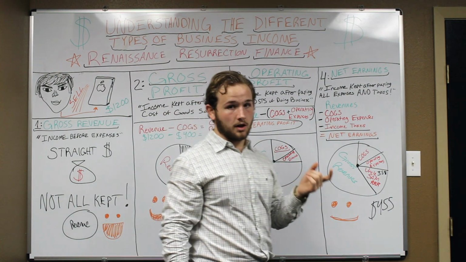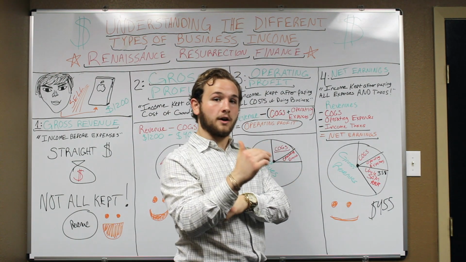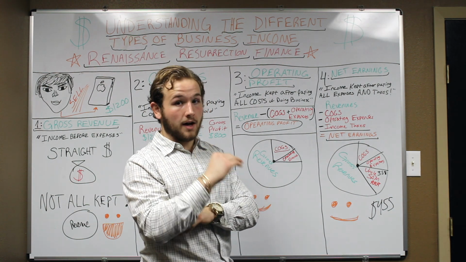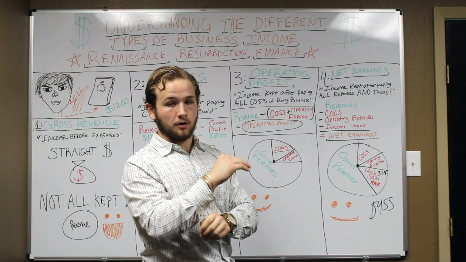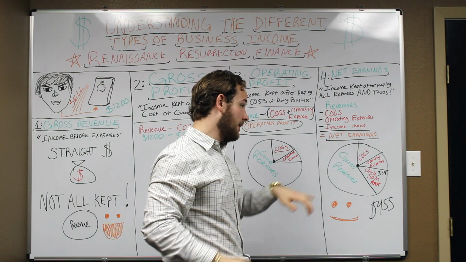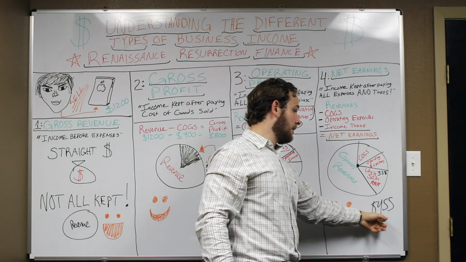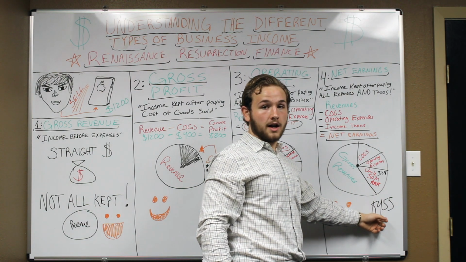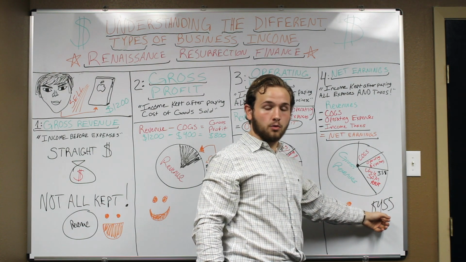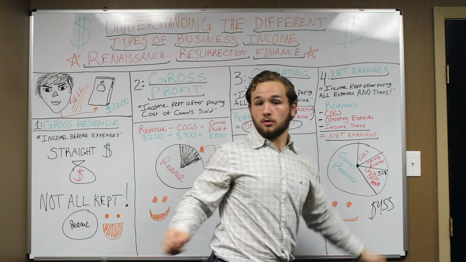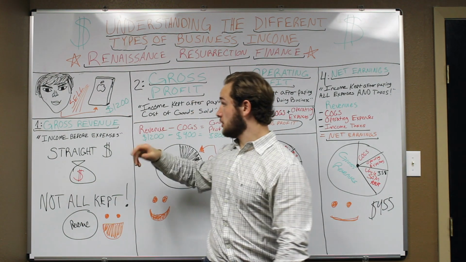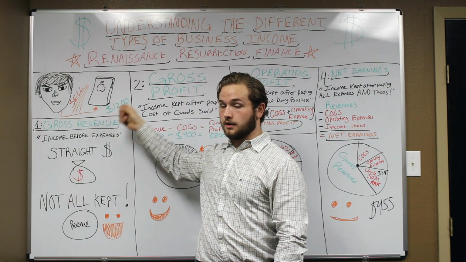So that $700 operating profit number, you take 35% off of that, that will be your net earnings because that 35% has to go away in taxes. So Uncle Sam gets his 35% cut. That means you are now left with $455 in actual income off of the sale of the brick iPhone that you originally sold for $1,200.